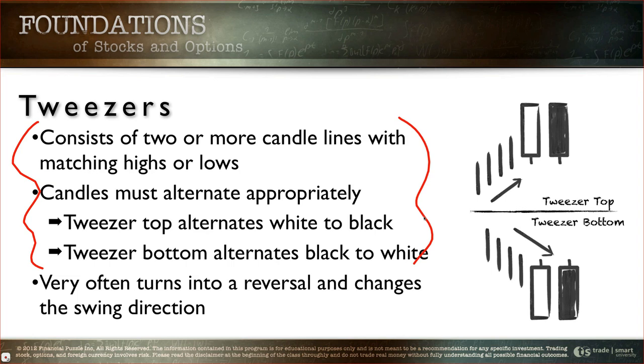What I have found is if I go with any candle pattern that meets this criteria, it's not very consistent. But if I go with the formation as I've drawn it here, where you have two good-sized real bodies, and they're matching highs with the alternating color like this, and yes, you could have a little shadow up here, that's fine. But what I really like is when I see this particular picture.